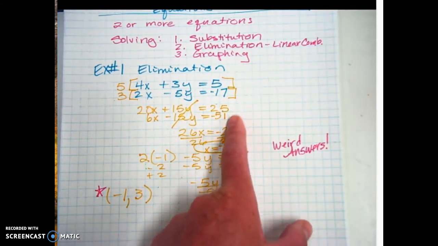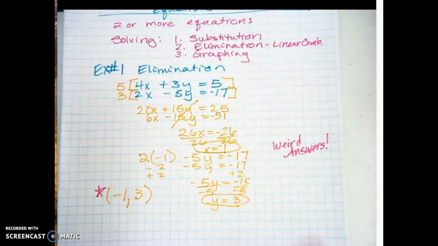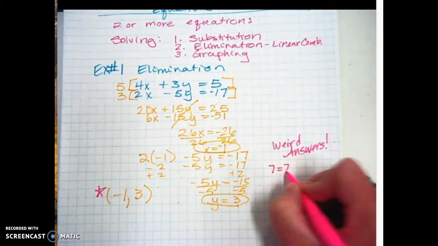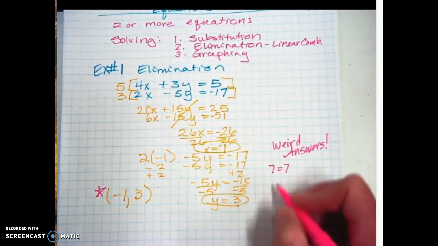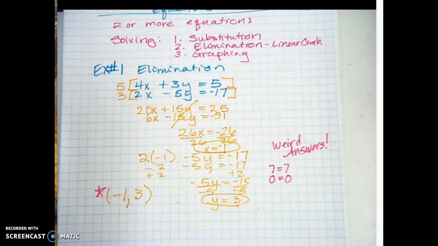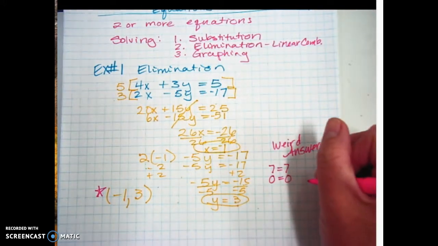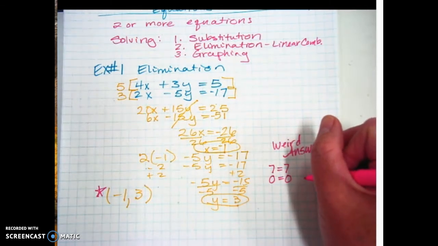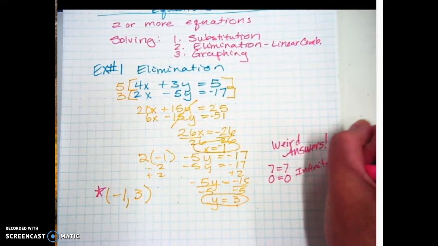But let's say you're halfway through the problem and you get something like 7 equals 7 or 0 equals 0. This means that there are infinite solutions.